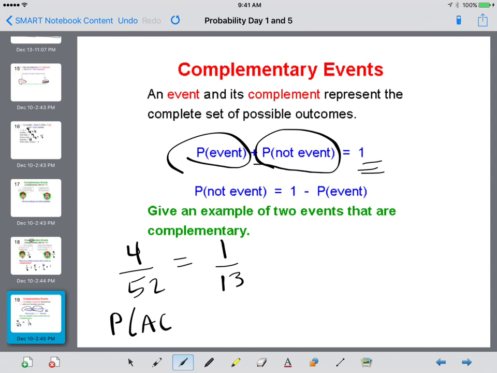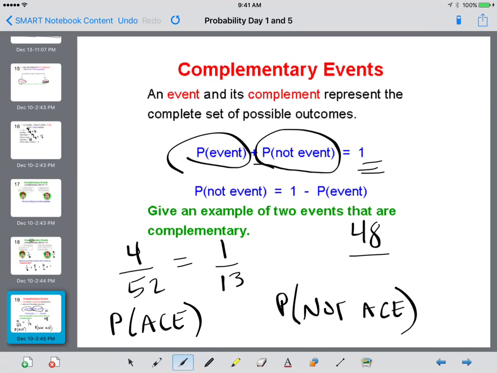So I'll say probability of drawing an ace. So probability of not drawing an ace, well, that would leave us with 48 cards that are not an ace out of 52. If I were to add these together, you'll notice that I would get 1. But I know that I can reduce 48 over 52.